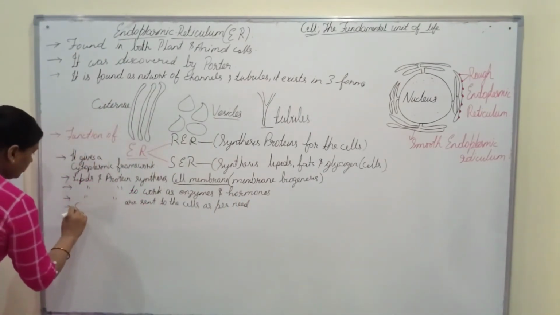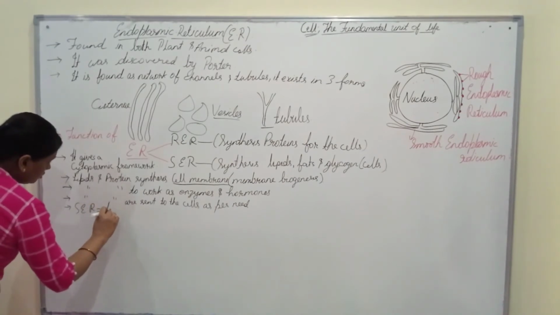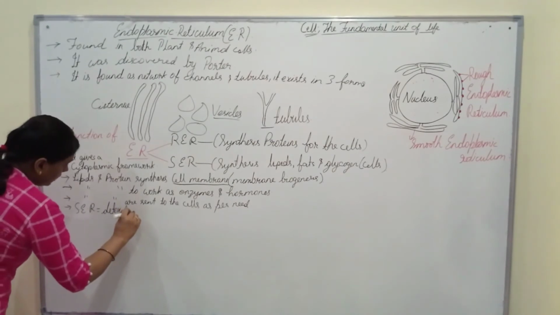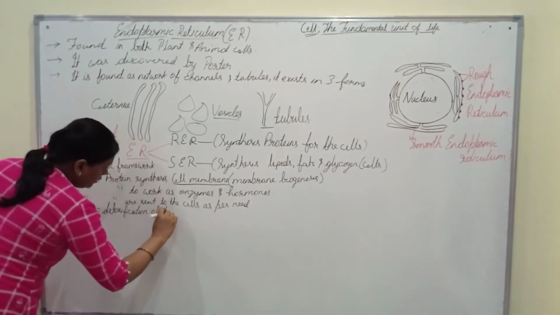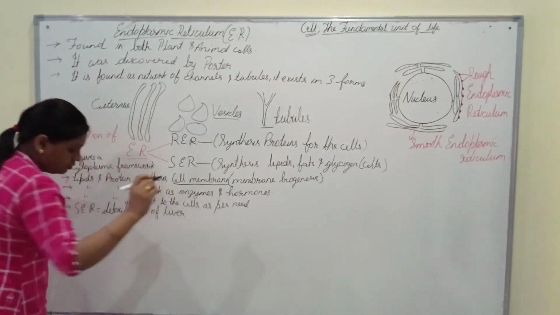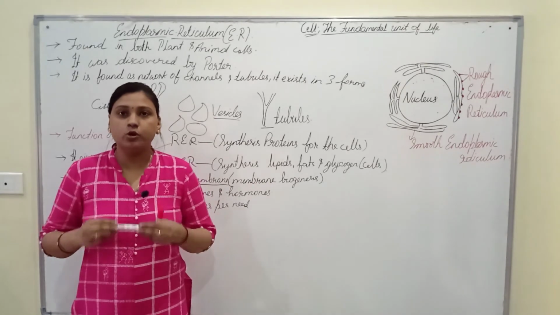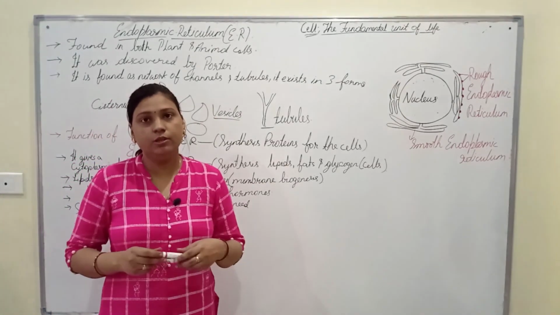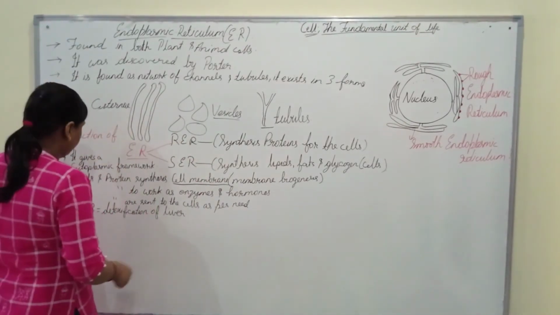Smooth endoplasmic reticulum helps in the detoxification of the liver. What is detoxification? Removal of waste or poisonous materials from the liver is called detoxification of the liver, and smooth endoplasmic reticulum performs this function.